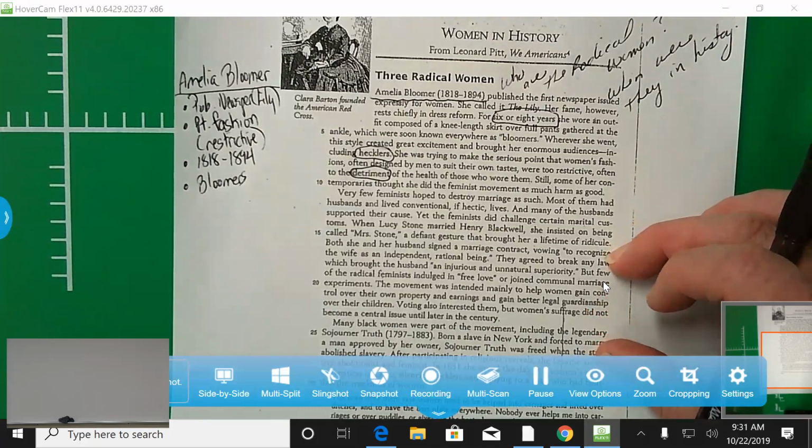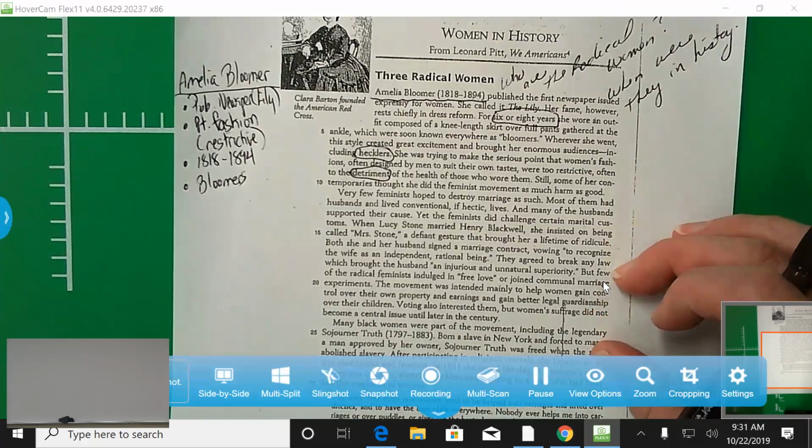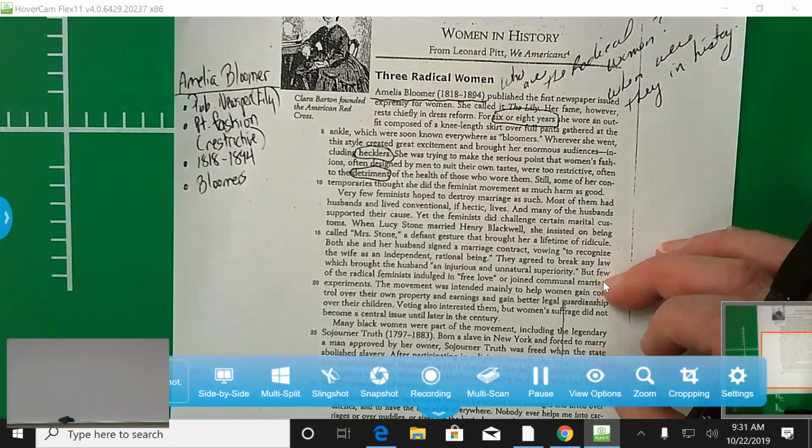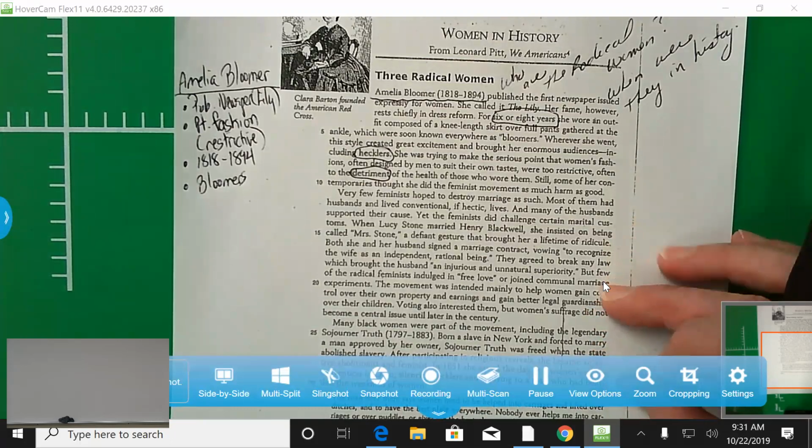Both she and her husband signed a marriage contract vowing to recognize the wife as an independent, rational being. They agreed to break any law which brought the husband an injurious and unnatural superiority.